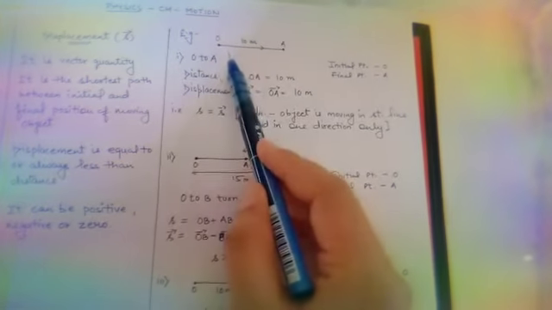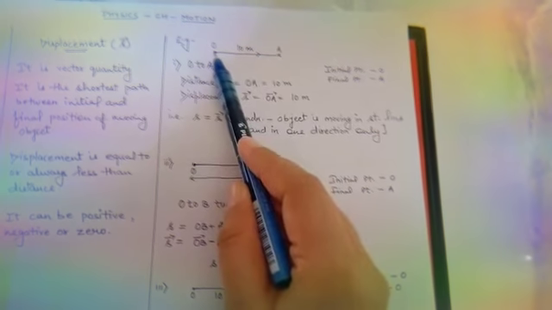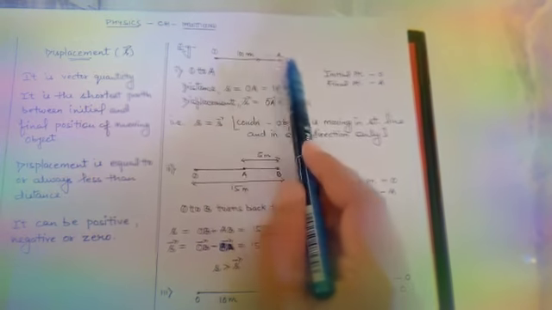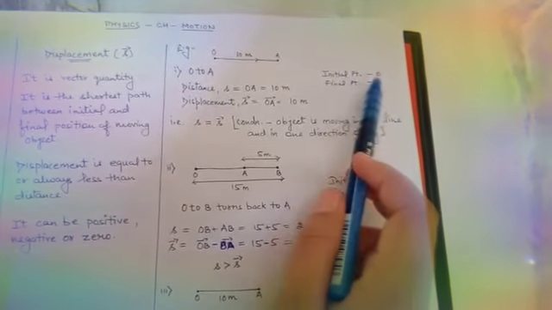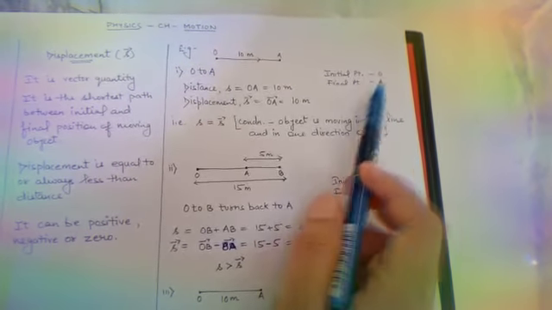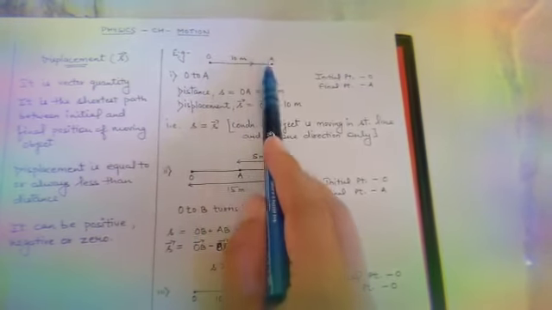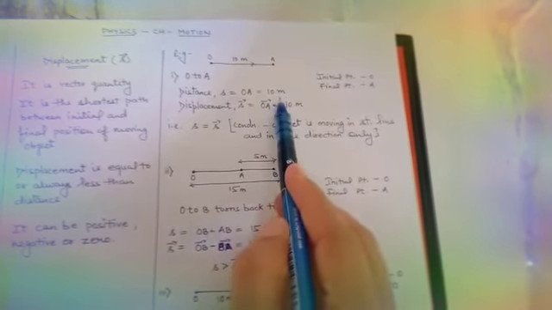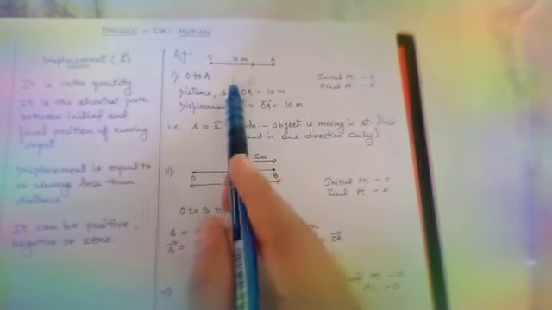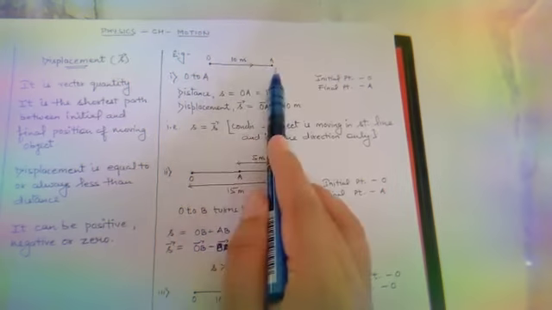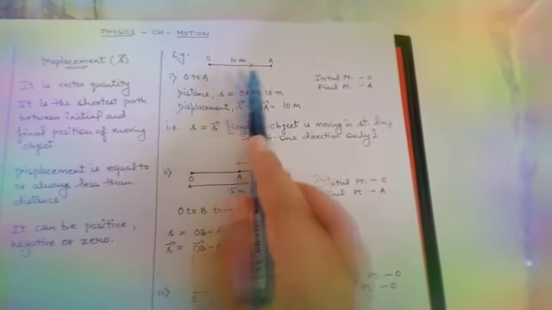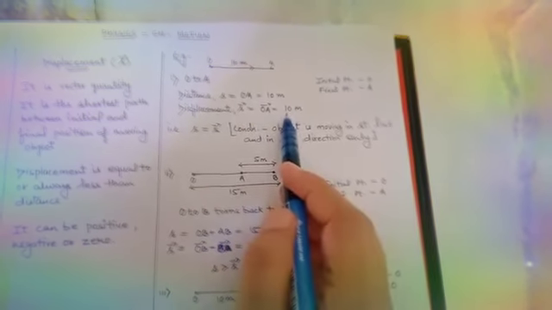First, an object started its journey from point O and reached A. Here, the initial point is O and the final point is A. Now, let us calculate the distance and displacement. Distance equals the total path, that is O to A, equals 10 meters. Displacement is the shortest path from final to initial point, so that is also OA, equal to again 10 meters.